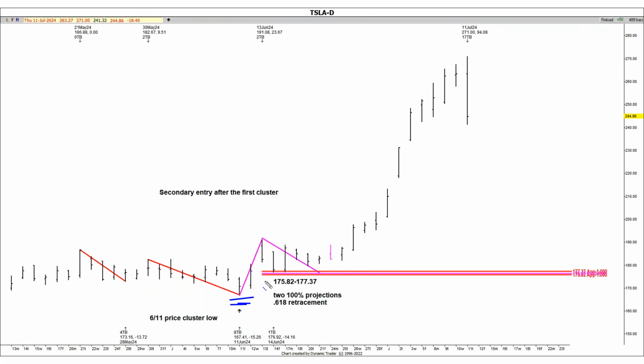In this case, the daily chart just gave us a simple 618 retracement back to the last low, plus we had 100% of these two projections, which came in at 175.82 to 177.37. Actual low was directly within that zone at 176.92. And again, that was a secondary entry to the original setup that I showed you.